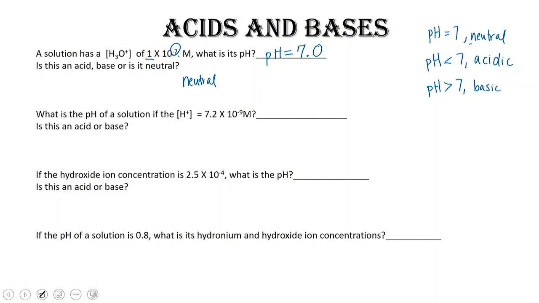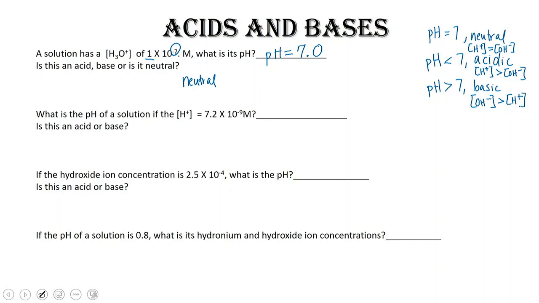And we know that if it's neutral, the hydrogen ion concentration is equal to the hydroxide ion concentration. If it's acidic, the hydrogen ion concentration is greater than the hydroxide ion concentration. And if it's basic, the hydroxide ion concentration is greater than the hydrogen ion concentration.